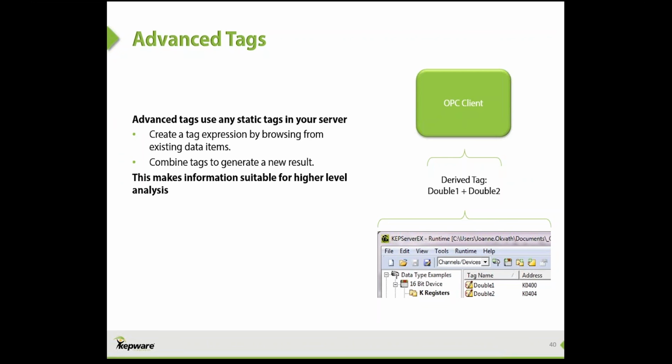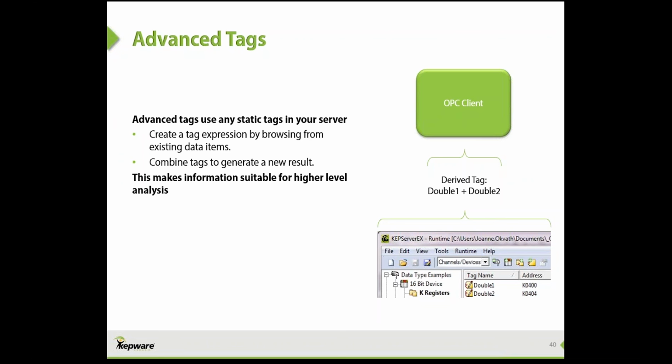And you can use what we call a derived tag to create a tag expression. So maybe you want to add two tags, multiply, divide, or do a Fahrenheit to Celsius conversion, or do logic like an AND or an OR. You can do that with a derived tag. And you can also do things like an average, or the minimum or maximum of a tag over time.